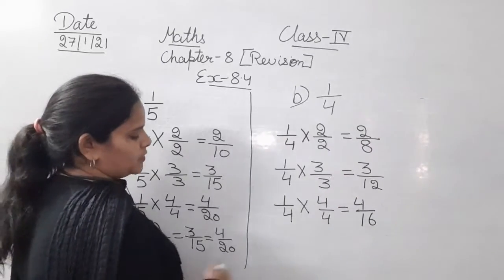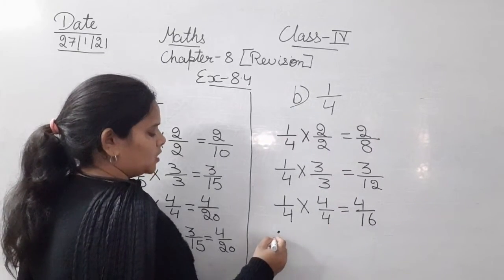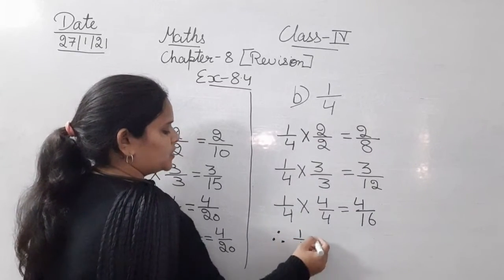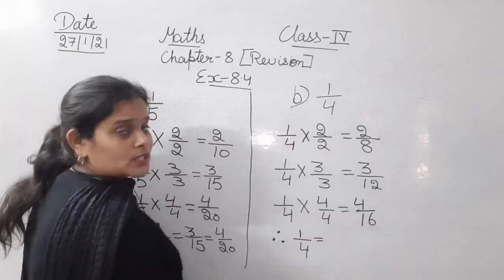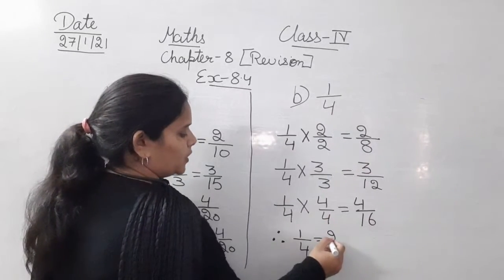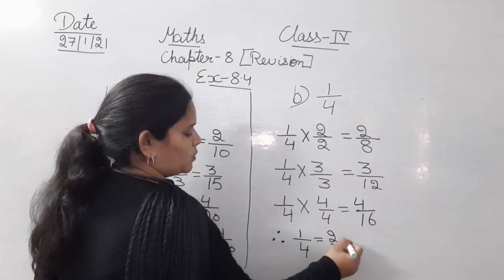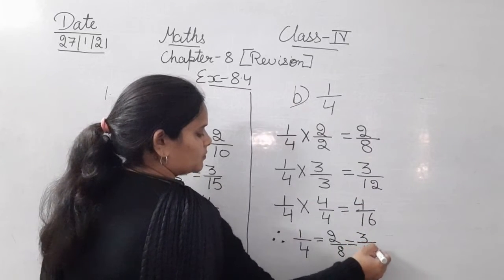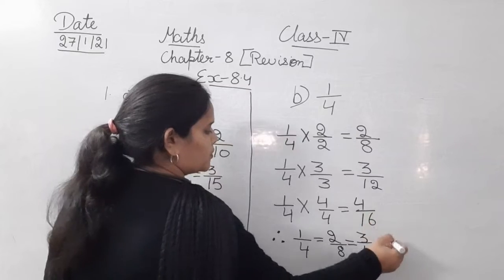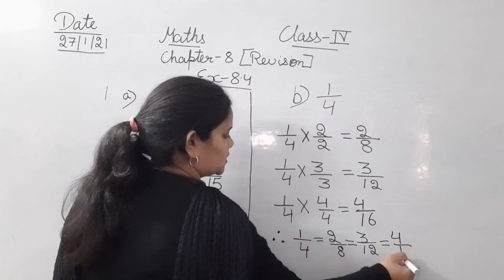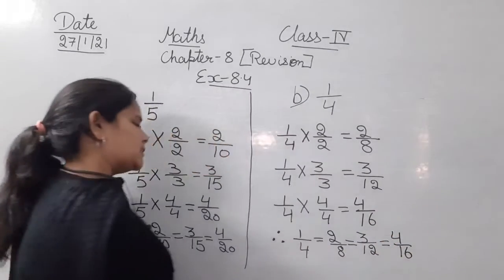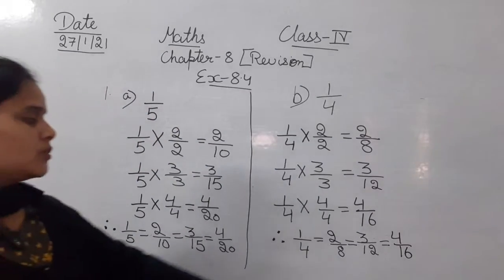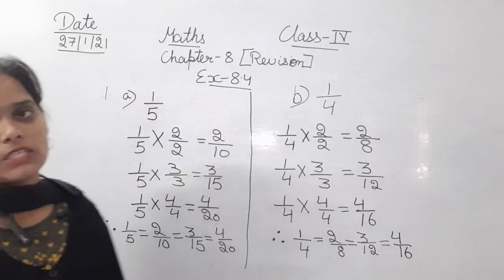Okay, so at last we will write the solution sentence. Therefore 1 upon 4 is equal to the next three equivalent fractions, that is 2 upon 8, 3 upon 12 and 4 upon 16.